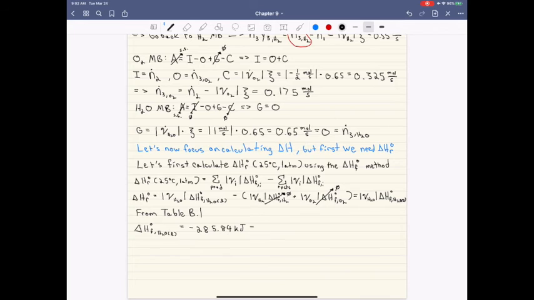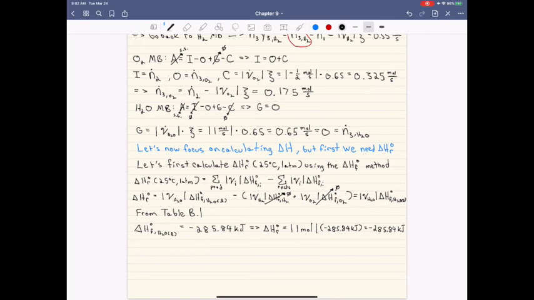That tells us our standard enthalpy of reaction is equal to the stoichiometric coefficient of water in our reaction, which was 1 mole, times the delta H of formation, which is negative 285.84 kilojoules. And 1 times that gives you the same number back. So this is the standard enthalpy of reaction.